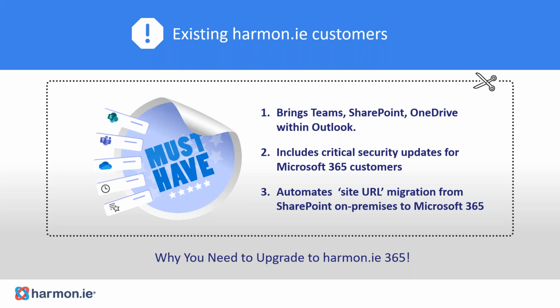So if you're on SharePoint on premises with Harmony and you have favorites set up in your environment, we have an automated tool that allows you to migrate directly to Microsoft 365. We have customers who've used this to migrate 600,000 URLs seamlessly without having to do all that work. So if you think about the migration effort that's needed to do that type of work, we've vastly reduced it into something which is much more manageable.